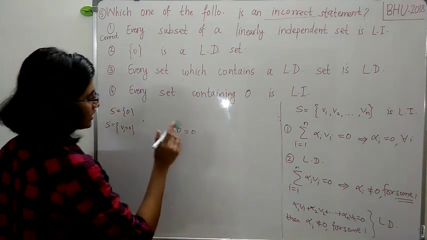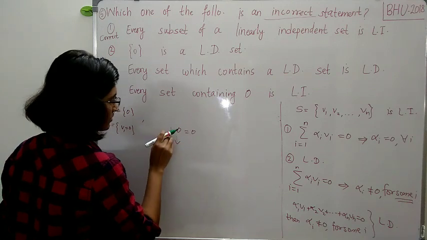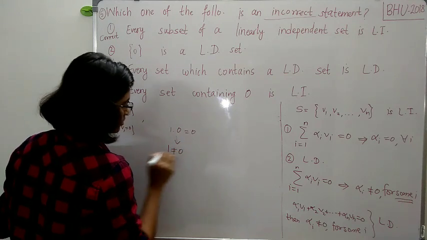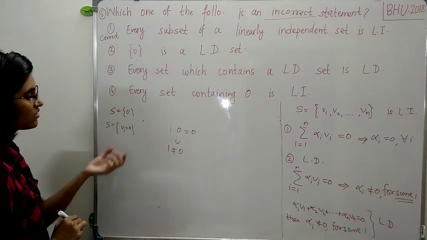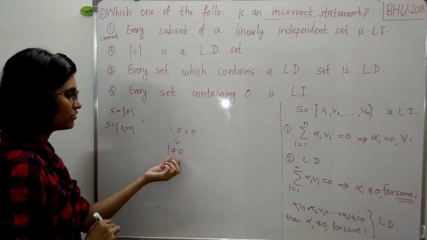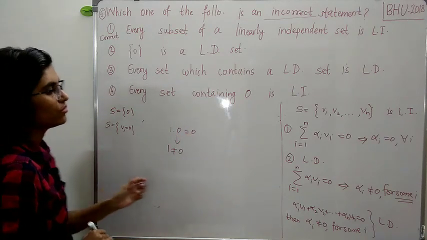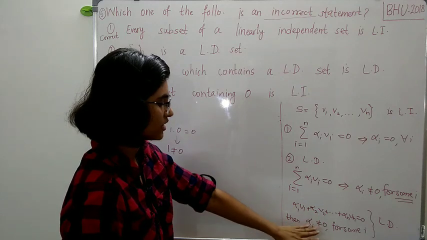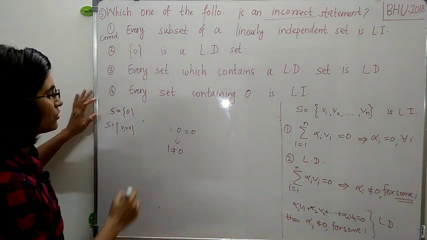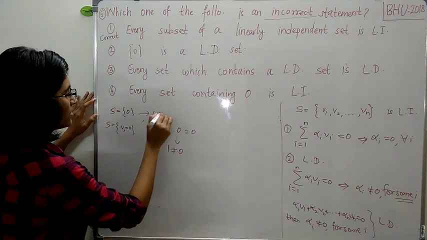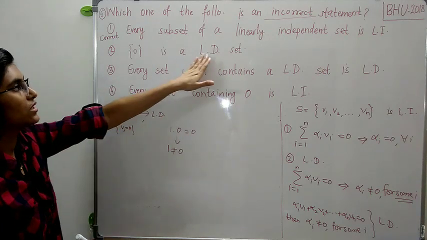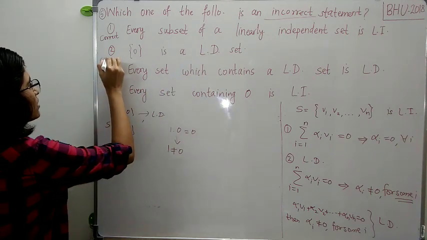So this gives us this scalar 1 is not 0. That means in the linear combination we have a scalar which is not 0. So by the definition there is some scalar which is not 0. Therefore this set is linearly dependent. So this statement is also a correct statement.